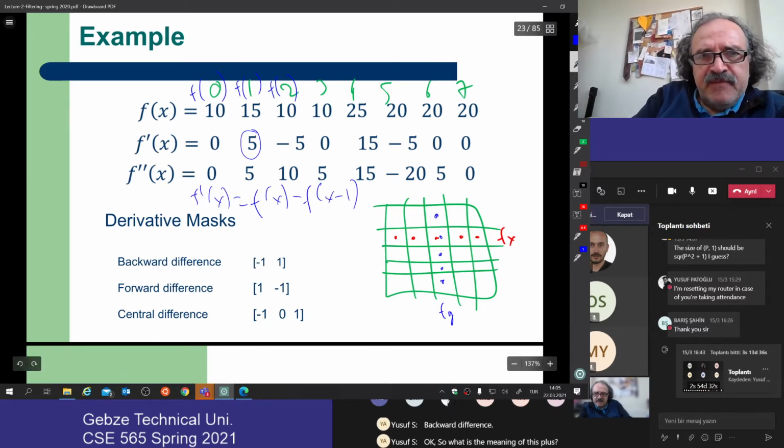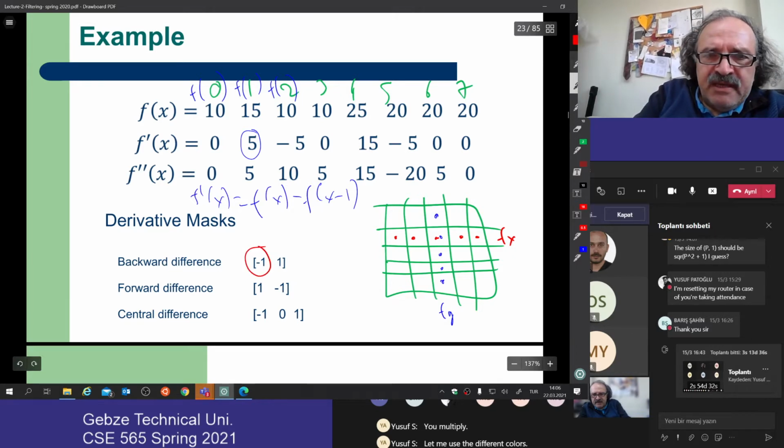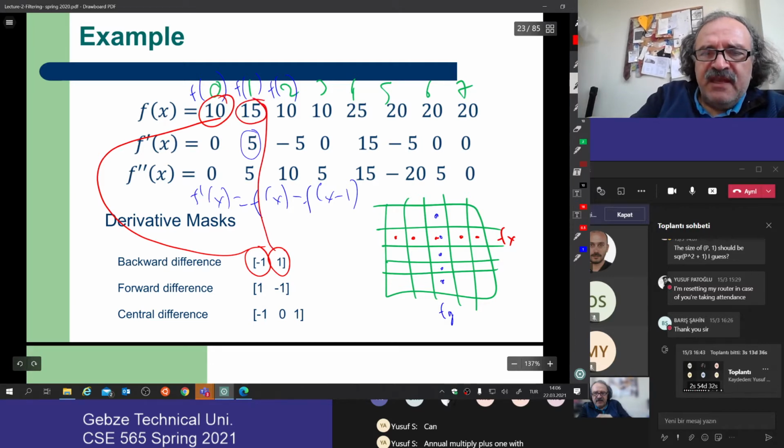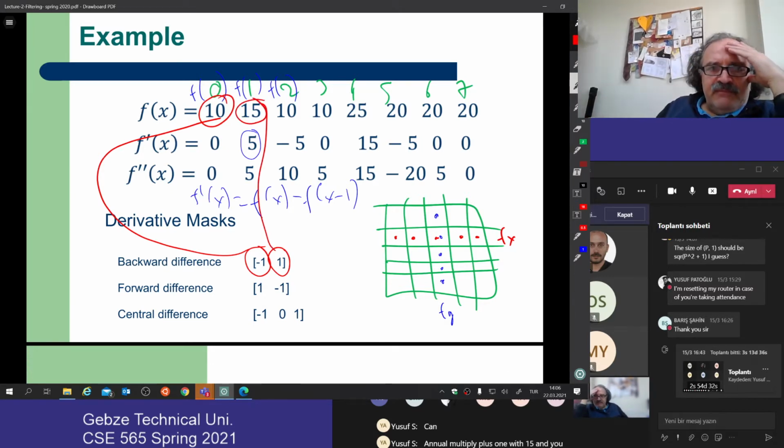To evaluate this f1, you multiply minus 1 with 10, and you multiply plus 1 with 15, and you add them.